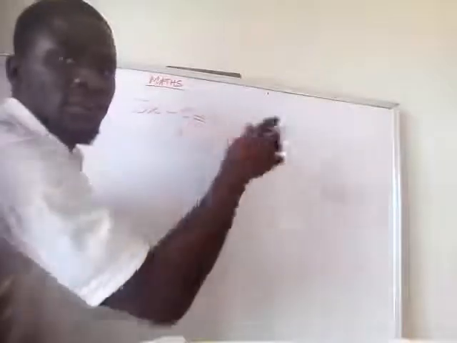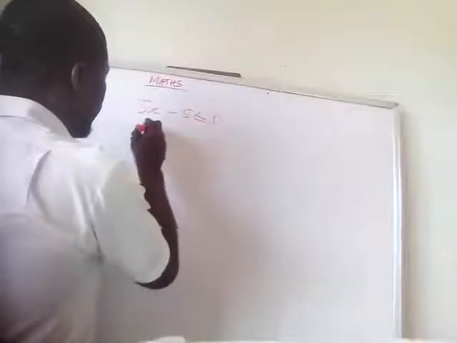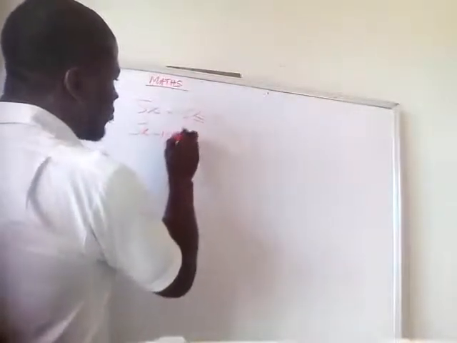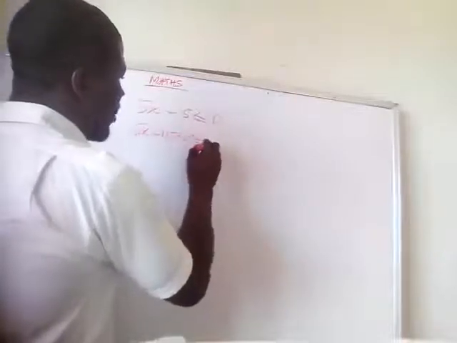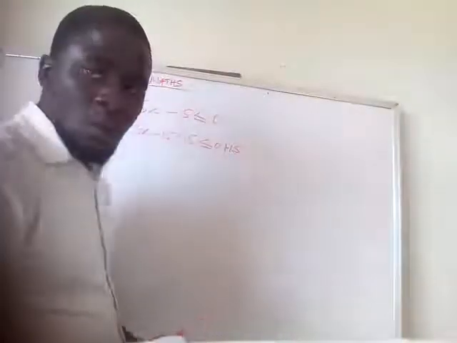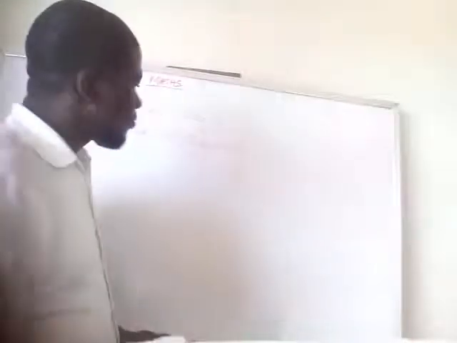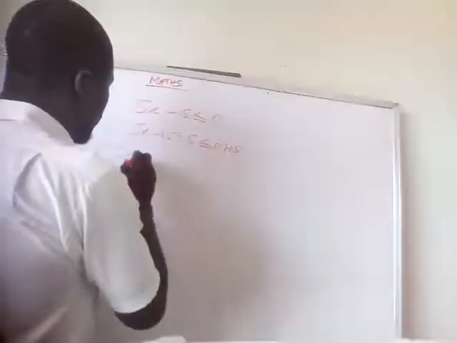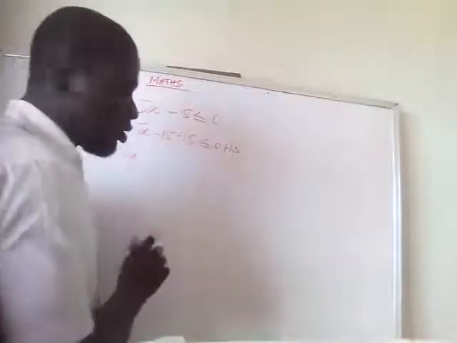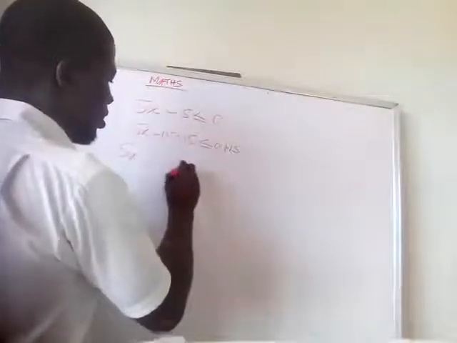You add 15 to both sides. When you add 15 to both sides, you have 5x minus 15 plus 15 is less than or equal to 0 plus 15. 0 plus 15 will still give me 15. So you have 5x, since minus 15 plus 15 gives 0, is less than or equal to 15.